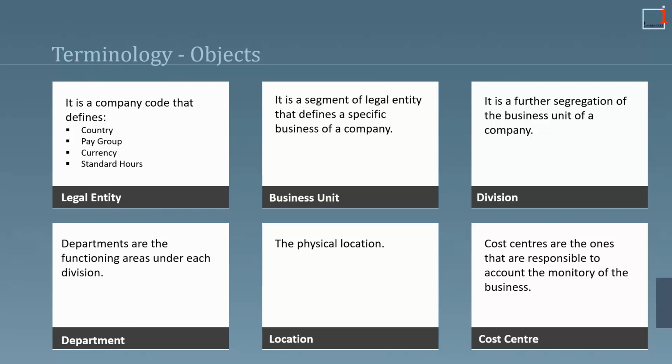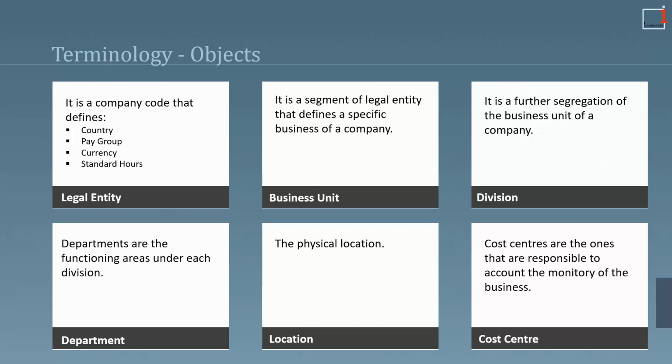Now B, what if your organization is a big organization wherein you want to have more than these 4 levels? In such a case, the legal entity and the business unit will still remain intact, and along with the divisions, SAP SuccessFactors gives you the flexibility of subdivisions.